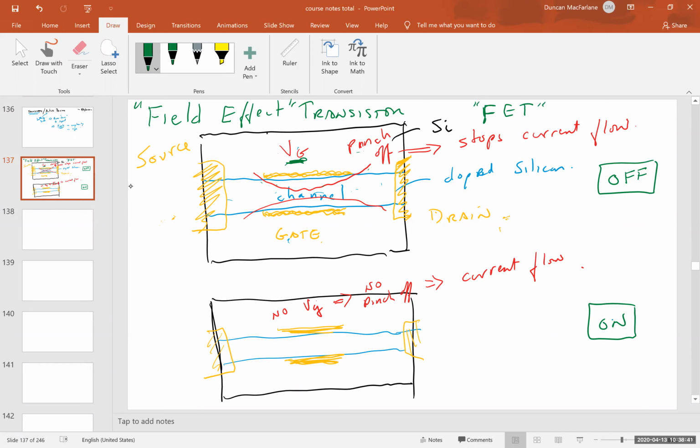Now, in your book and in future courses that you take, you're going to get really confused because you're going to learn all kinds of different types of transistors. And what I've decided to do is just talk about one, which is the field effect transistor. I chose this transistor for two reasons.